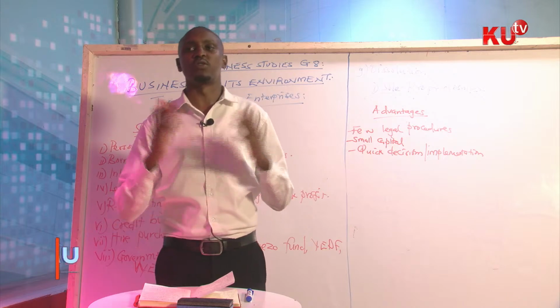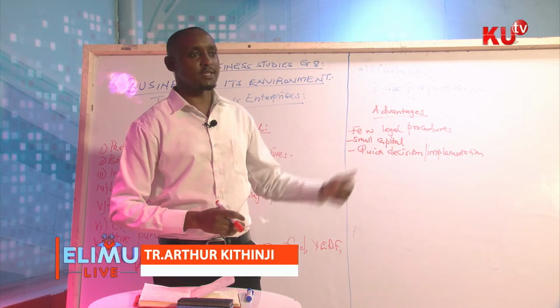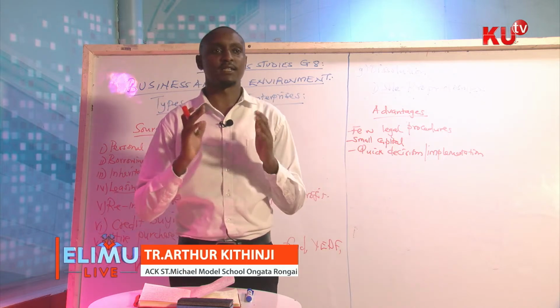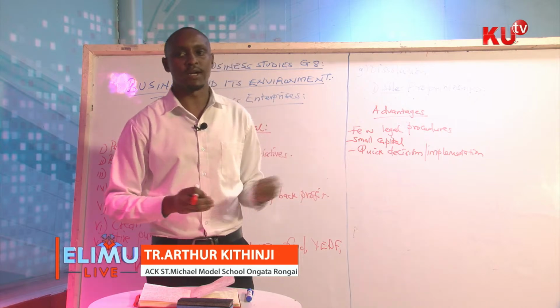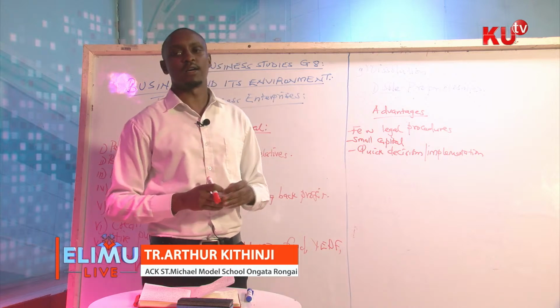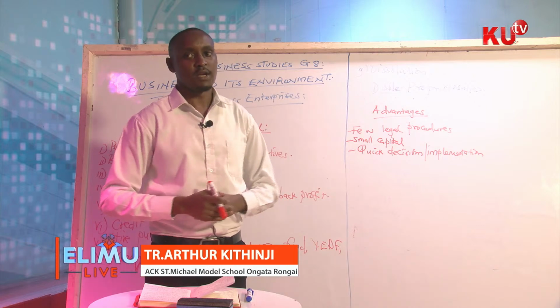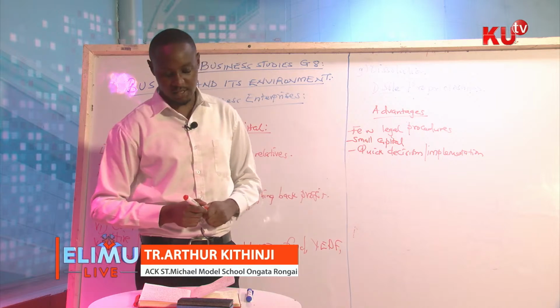They just need to consult themselves. Even if they have employed somebody or have relatives running the business, they may not need to consult them to make a decision, because the business is solely theirs. So there's quick decision making, and that's an advantage.